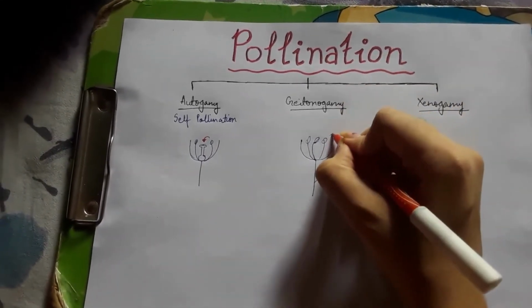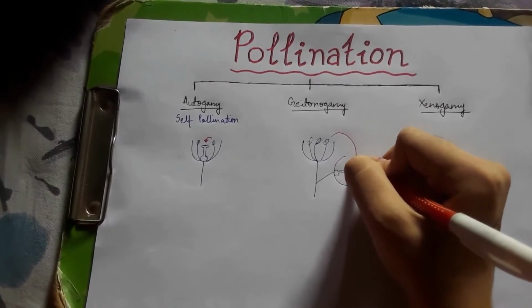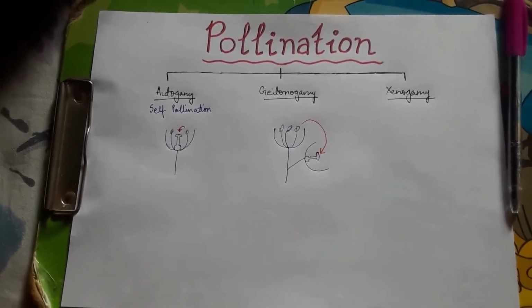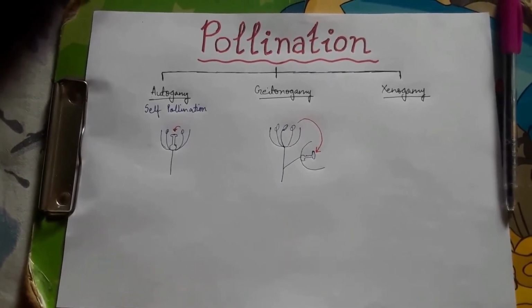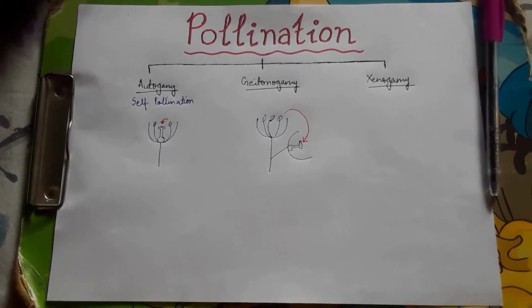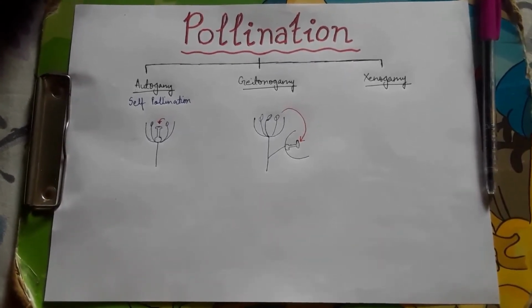So from the anther to the stigma of different flower on the same plant. This is Geitonogamy. It is functionally cross-pollination as it requires agents of pollination but is genetically self-pollination.